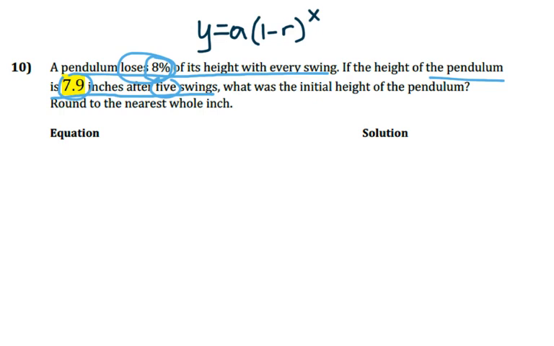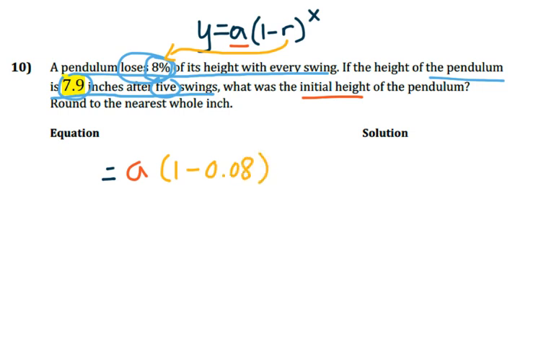The first thing is our initial value. Do we know what the initial value is? Well, we don't. In fact, it's asking us for the initial height. So we're going to put in a. That didn't really help us much, but let's see what else we can find out. We have 1 minus r. Remember, r is our percentage that it's losing as a decimal, so we're going to put in 0.08.